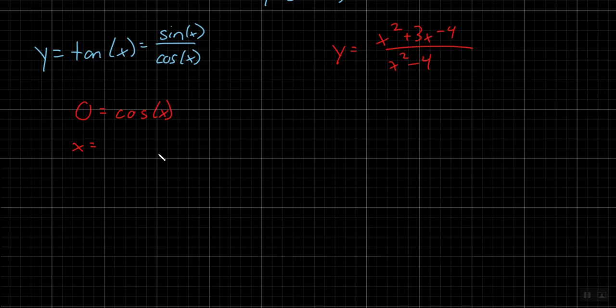Let's see, is cosine the x or y coordinate on the unit circle? X. So where do we have 0 as our x values on the unit circle? Okay, I hear pi halves. Where else? 3 pi halves. Okay. Those are going to be vertical asymptotes for tangent.